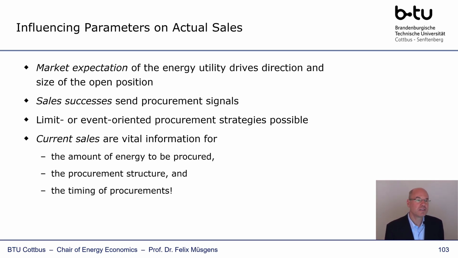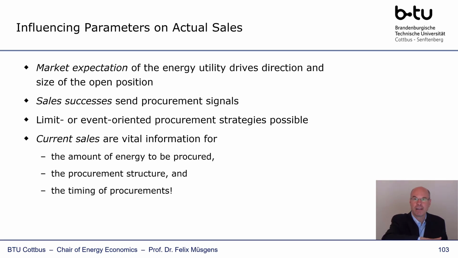And then, of course, in the management of the process, every sales success sends a procurement signal by modifying our open position. Every sale reduces the open position. If it was positive before, after we sold something it's less positive. If it was 0, after a sale it's negative.